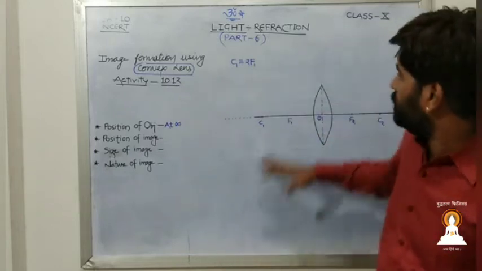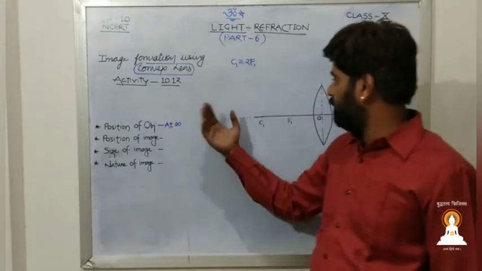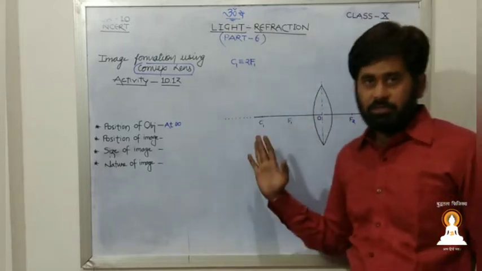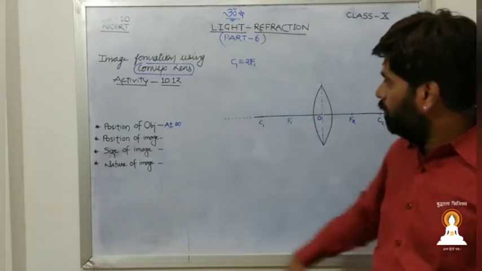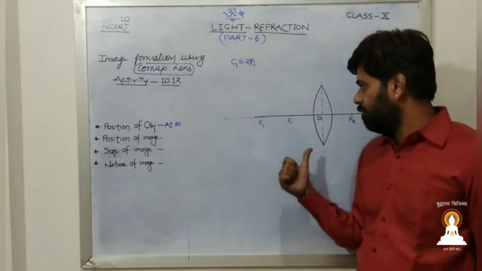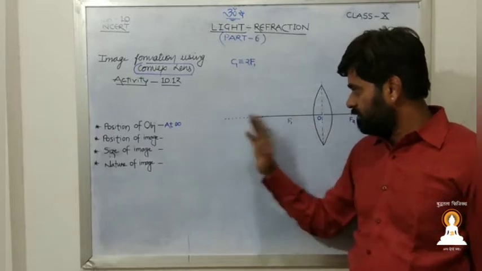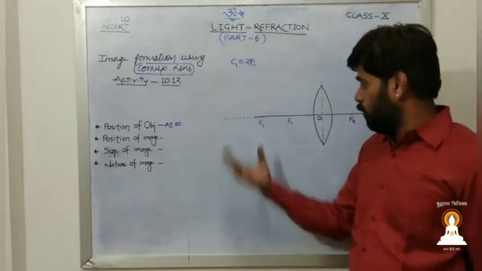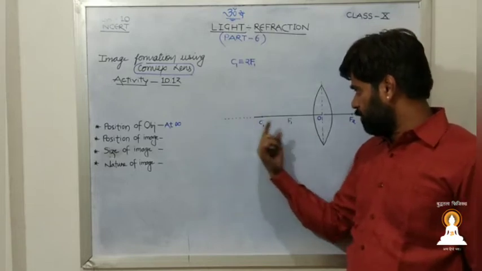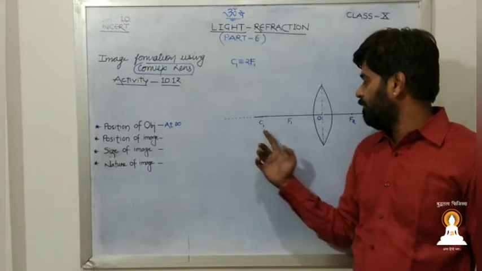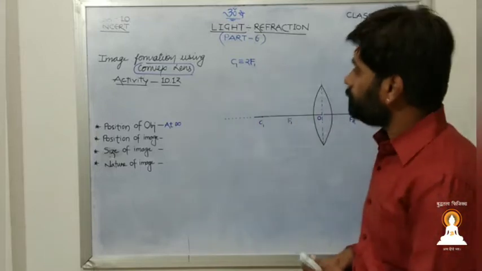In it they have asked for the different positions of the object, and for that we have to draw the image. As we have already done with the mirror, in which we took the concave mirror with 6 cases, this time we have a convex lens, and again we are going to cover all those positions of the object.